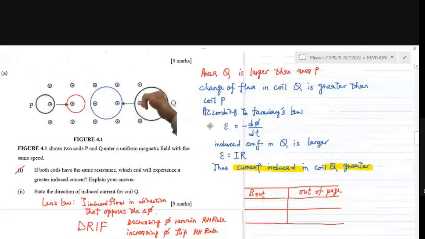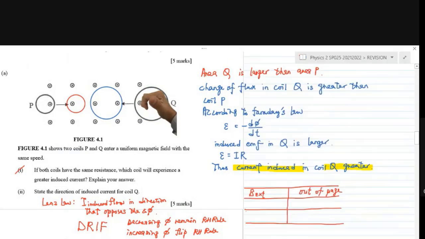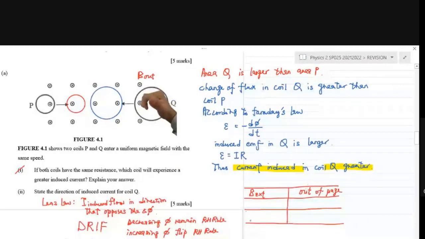Recall balik apa yang kita dah belajar. Ibu jari mewakili B, curve finger mewakili current. So B, ibu jari kita kena letak keluar daripada kertas ni, sebab B kita adalah out. And then what is change of flux?